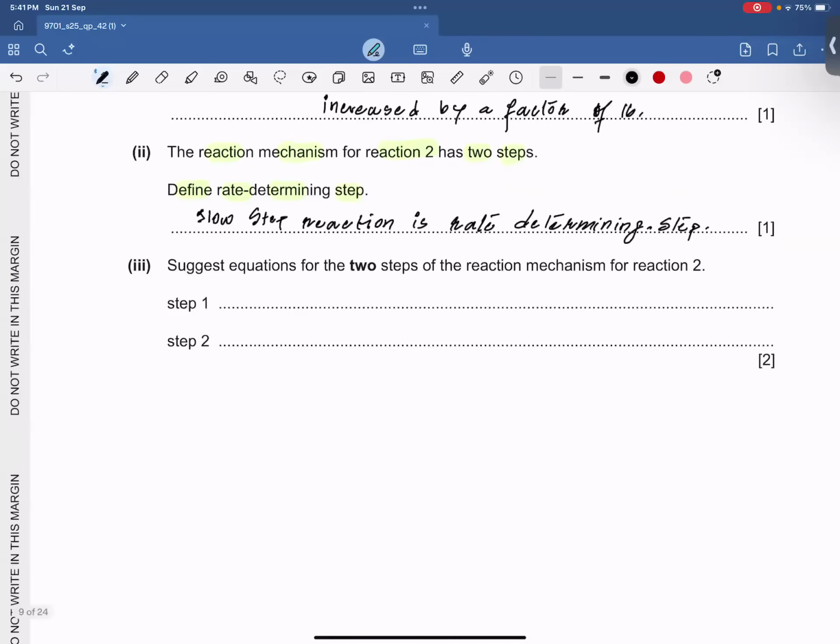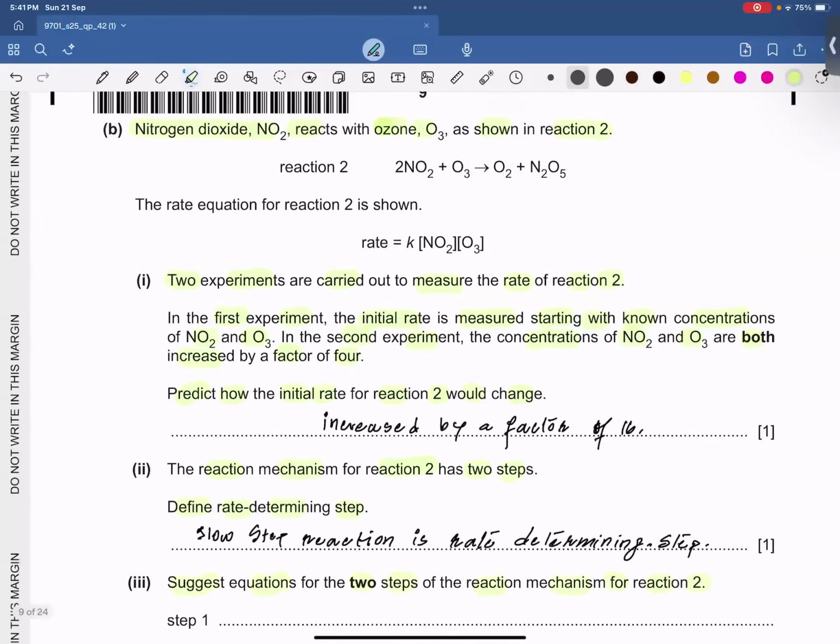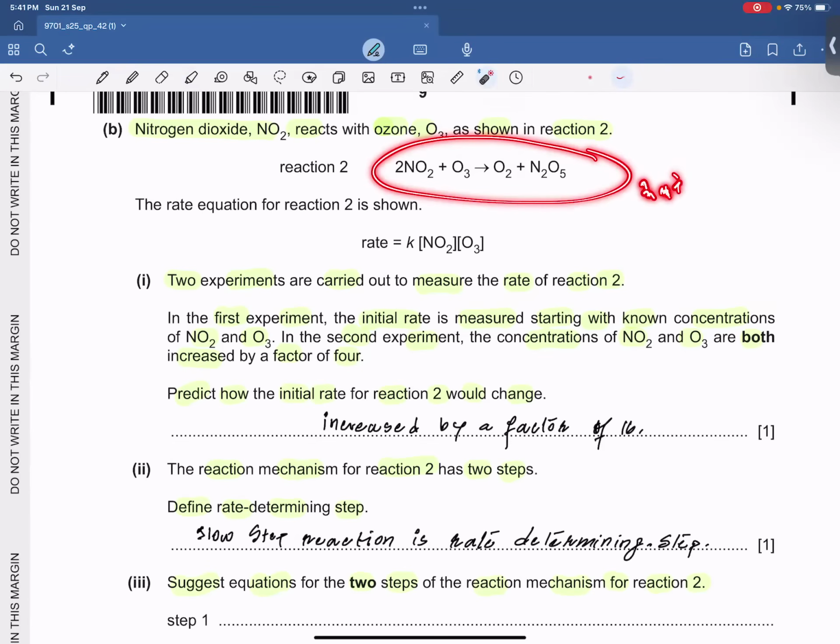Okay, in the third part, suggest equations for the 2 steps of the reaction mechanism for reaction 2. So I need to get this equation and I have to devise the mechanism.